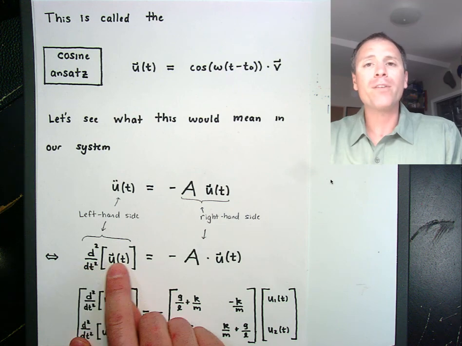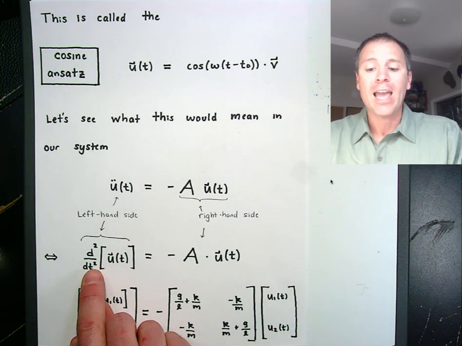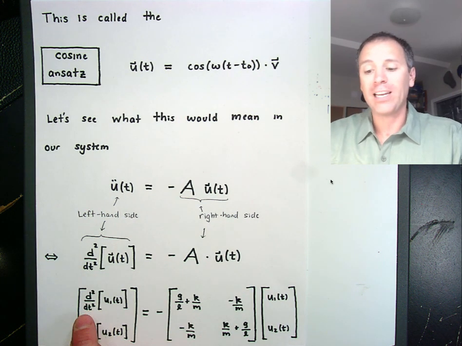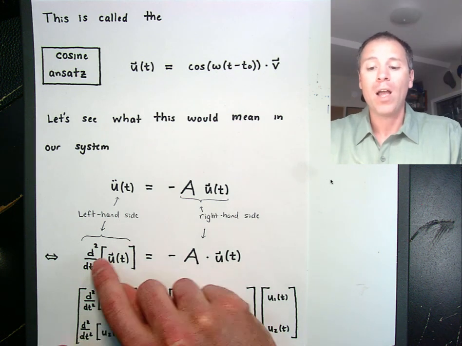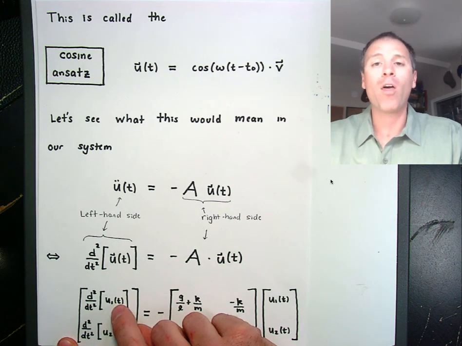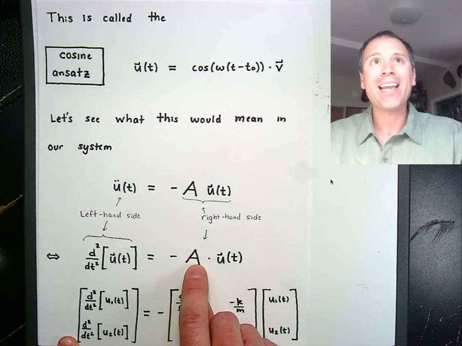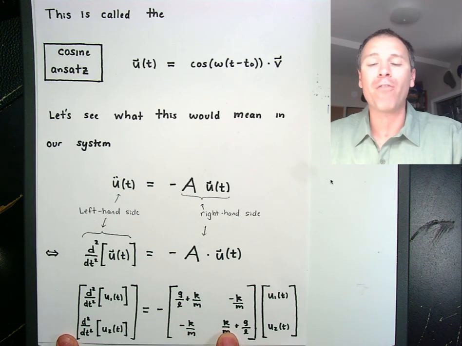The second derivative of a vector-valued function, remember from multivariable calculus, is equivalent to taking the second derivative of each component of that vector. So the second derivative operator hits both the first component and the second component. On the right-hand side, we actually have the entry-by-entry definition of that matrix.